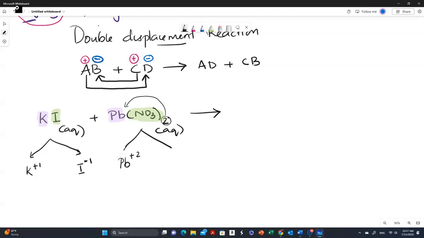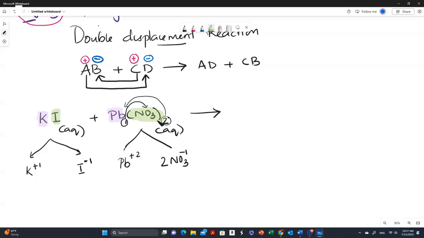That means NO3 is supposed to be -2, but how many NO3 do I have here? 2. So each NO3 will have a charge of -1, or take this one over here, crisscross it and put it on top of NO3. So nitrate is going to have a -1 charge.